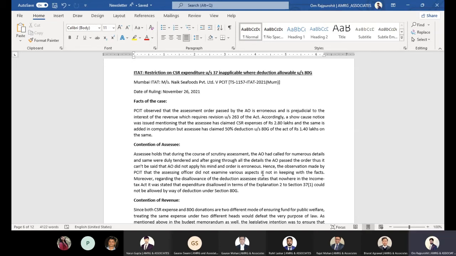Accordingly, the observation made by the PCIT that the assessing officer has not examined all the facts is not a legitimate claim.